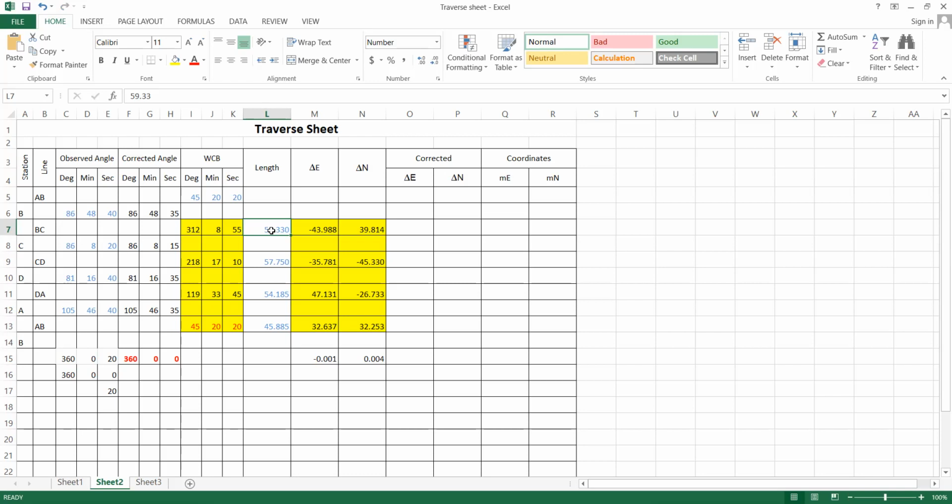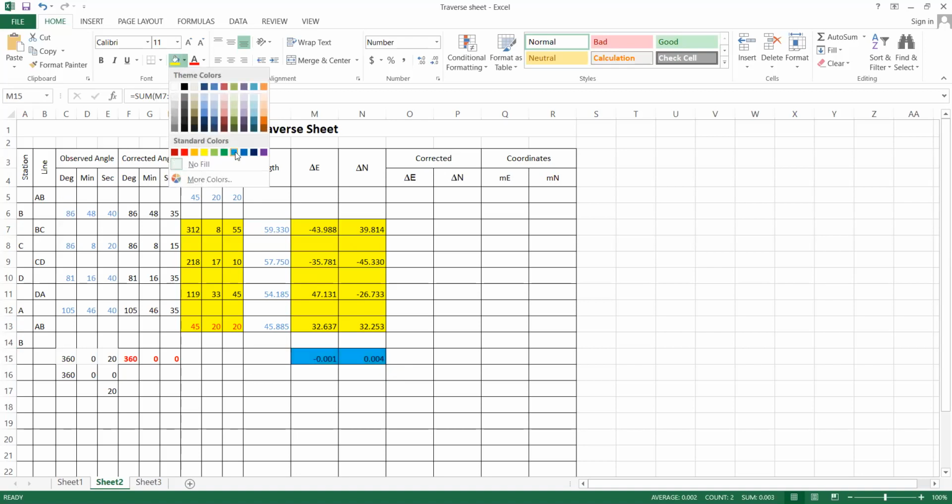So what we can do, we add these delta E's and delta N's separately and get these two values. This hatched one in the blue color, that is the vertical summation. You sum up all delta E's and delta N's. If you add these, you get delta E minus 1 millimeter, minus 0.001, and delta N plus 4 millimeter.